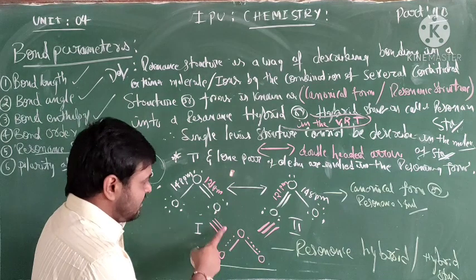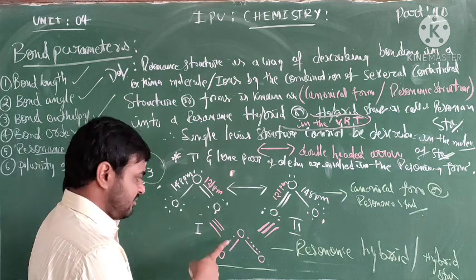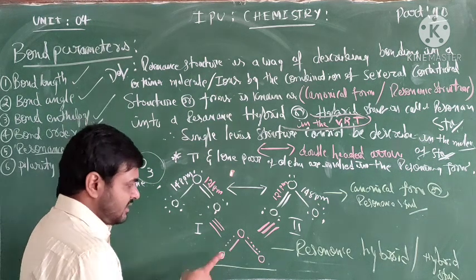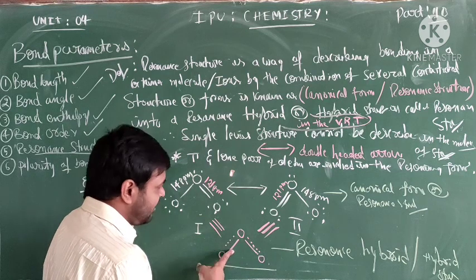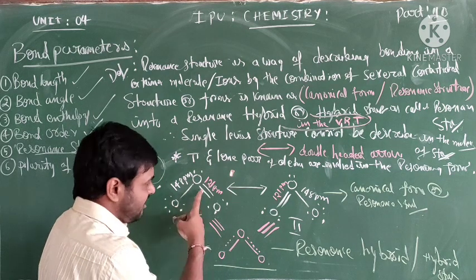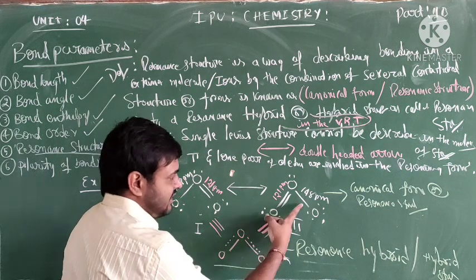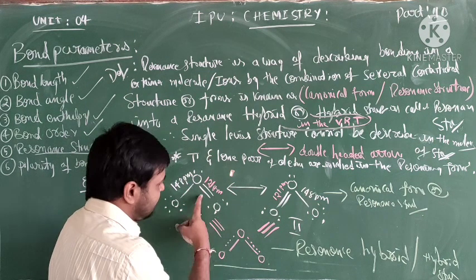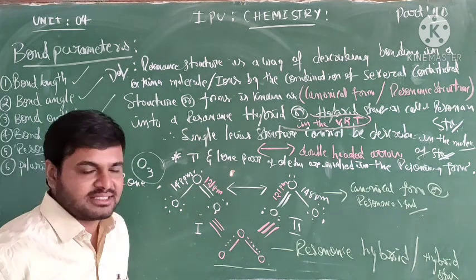Each oxygen involves either a single bond or a double bond, a pi bond. This is called the resonance hybrid.